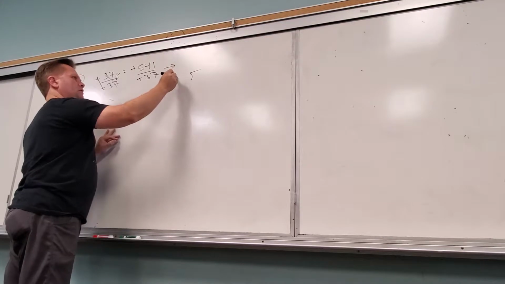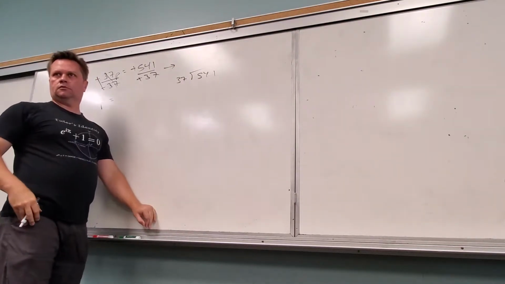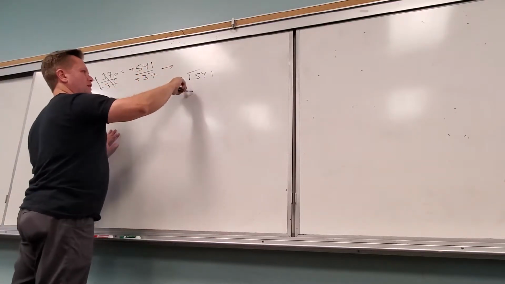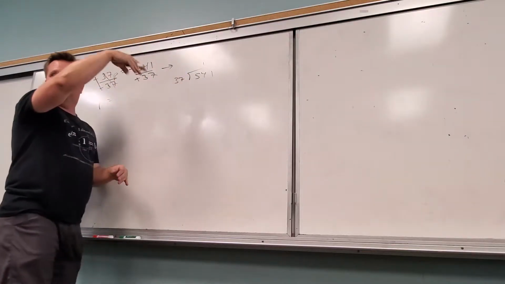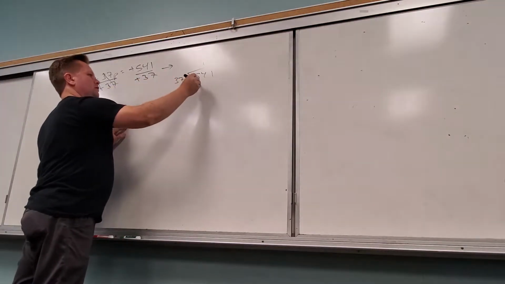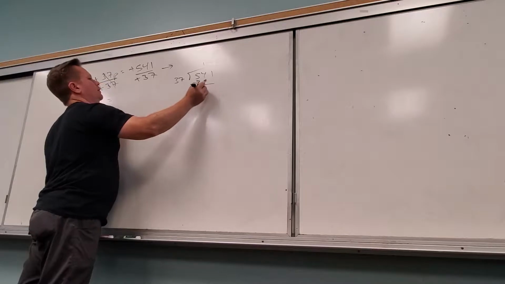So 37 goes into 54 once, because 2 is 60 something, or 70 something even, more than that, 80 something. So screw 2. Once, 37 minus 37, 17.